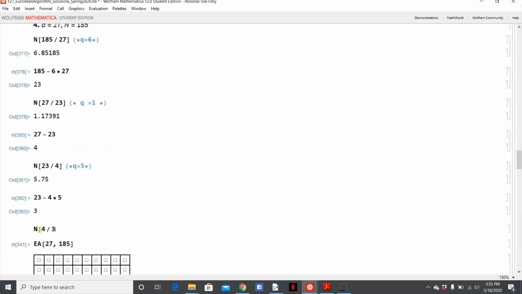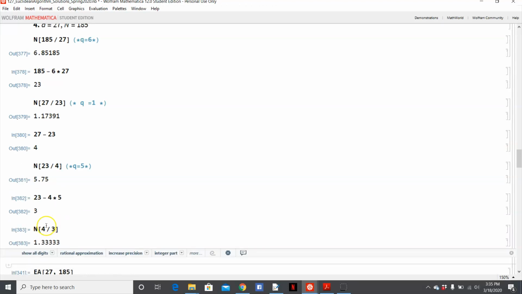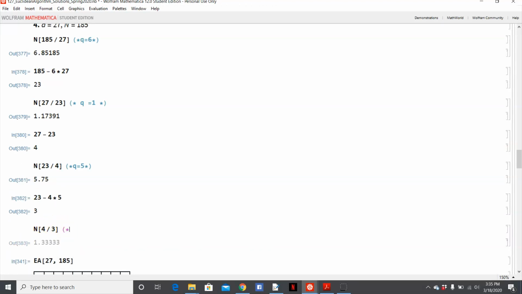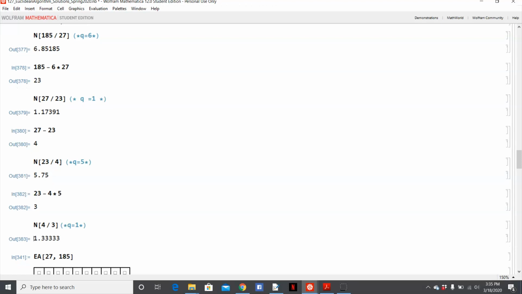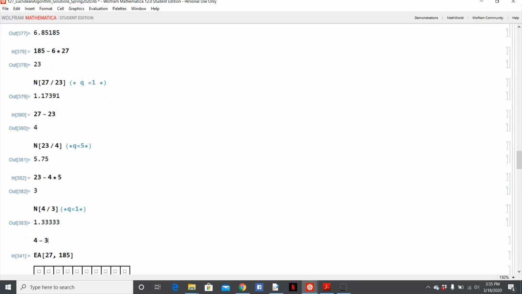Then I get one last quotient of 1. And again, just for sake of thoroughness, we figure out the remainder and we get 1.